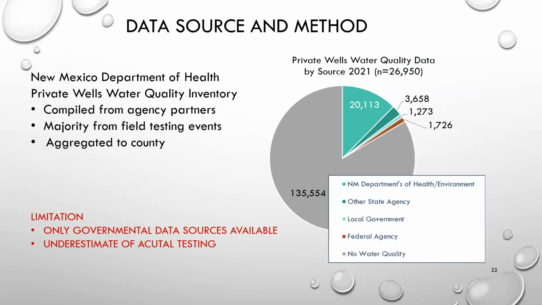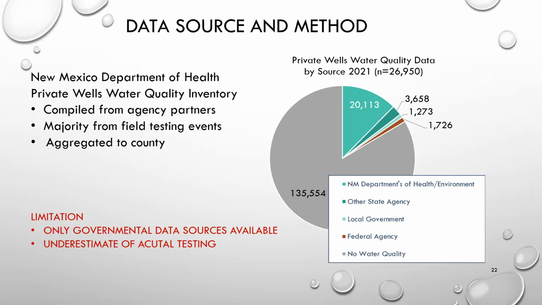So the data sources, again, are the internal private wells water quality inventory. I've already mentioned it comes from all governmental sources. This pie chart shows by agency type, and the gray is the wells using the number of permitted wells, those that we don't know any water quality on.